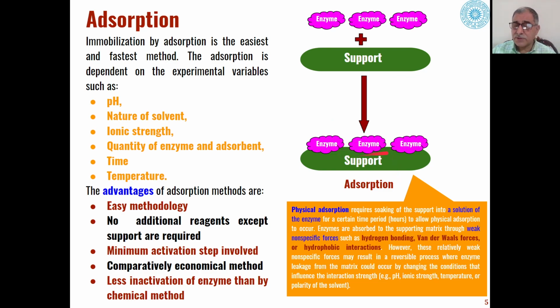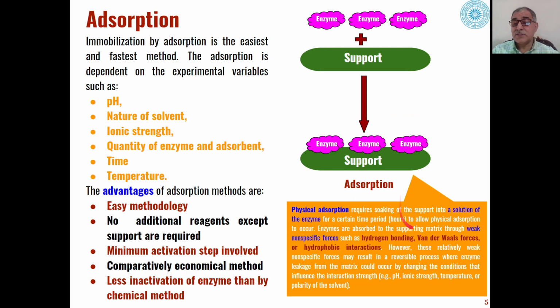The process of adsorption is due to weak forces which are non-specific, and depending upon the type of adsorbent and the enzyme, we will have either hydrogen bonding, van der Waals forces or hydrophobic interaction between the support and the enzyme for the adsorption to take place.